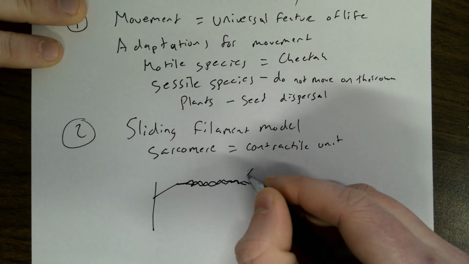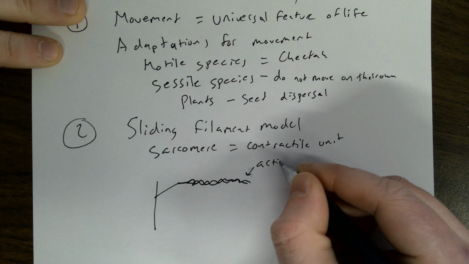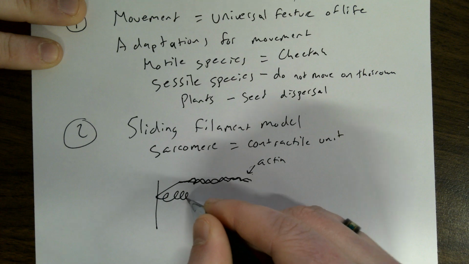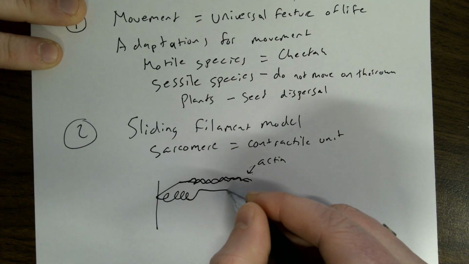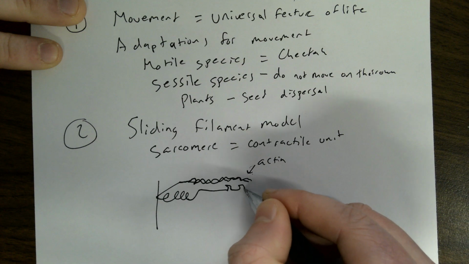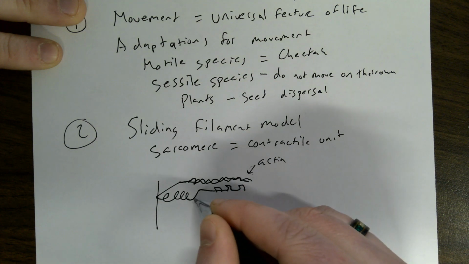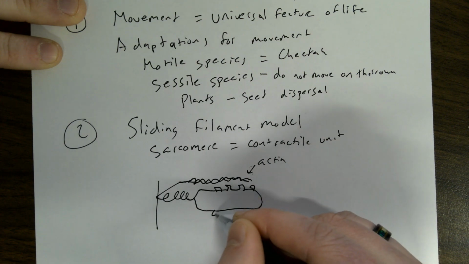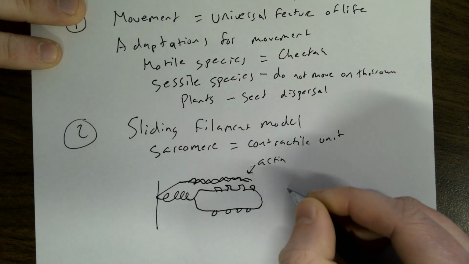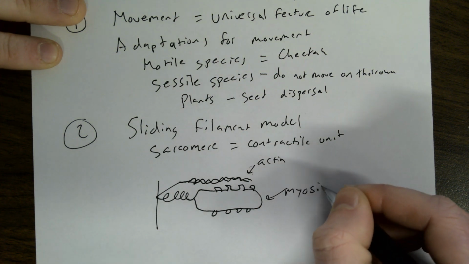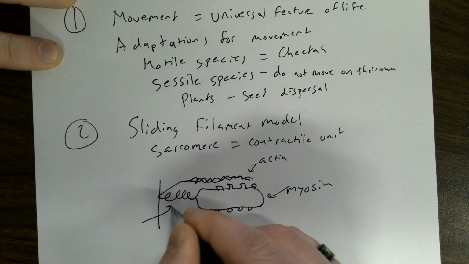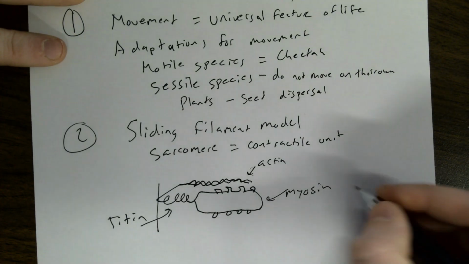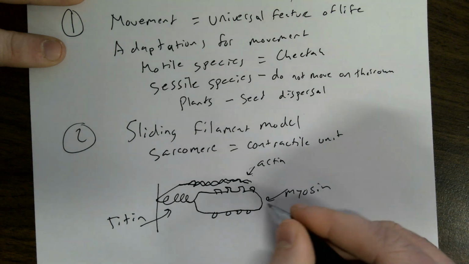You have the thin filament, or actin, and you have here in the middle myosin, or the thick filament. And here at the end, you have titin. Then you would have that on the other side as well.